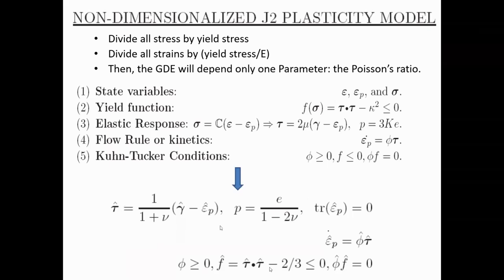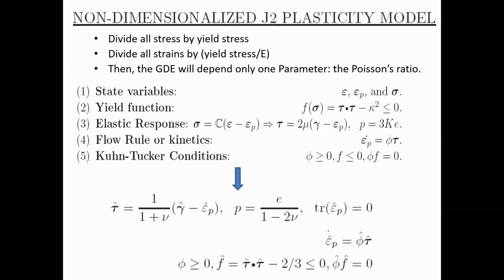If you notice carefully here, the only parameter that arises from the elasticity is Poisson's ratio. Can you see it? And if the Poisson's ratio is 0, nothing of plastic deformation comes into picture over here. That's the beauty of non-dimensionalizing.